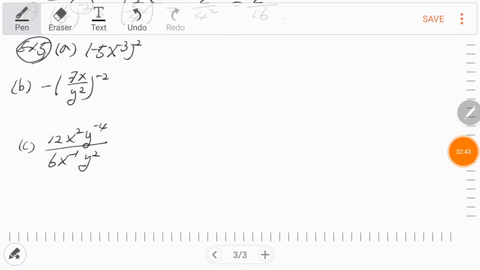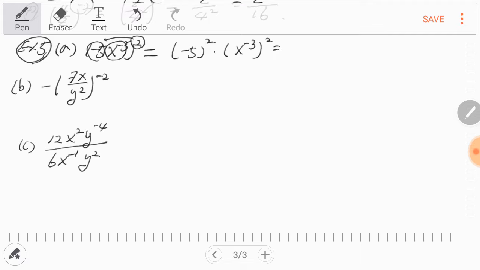Okay, let's simplify these examples. When we simplify, make sure that the power is positive. Now the base in this case is negative 5 times x to the negative third power. So assign this power to each factor. There are 2 factors, negative 5 and this. So negative 5 raised to the second power, and the next is x to the negative 3 power raised to the second power.